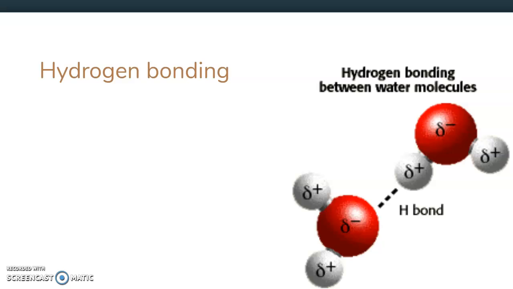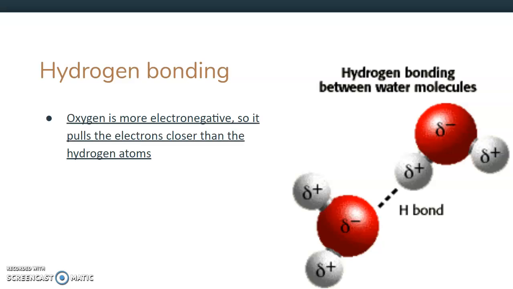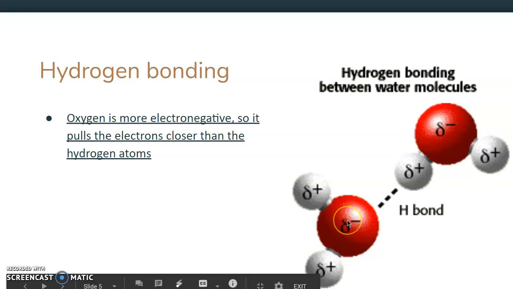So, hydrogen bonding, we're going to get into. Oxygen is more electronegative, so it pulls electrons closer than the hydrogen atoms do. This big red part is our oxygen atom, and these little white circles are the hydrogen atoms. So H2O: we have two hydrogens and an oxygen.